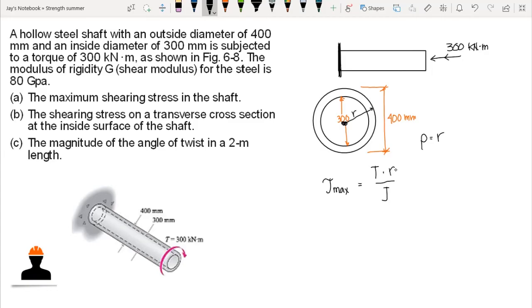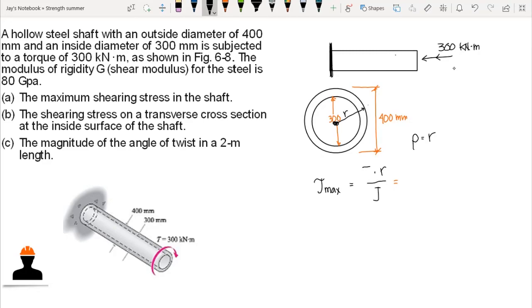Now our torque here, the internal torque, is equal to the external torque, that is 300 kN·m, since if we cut at any section of this shaft, our internal torque is equal to the external torque.